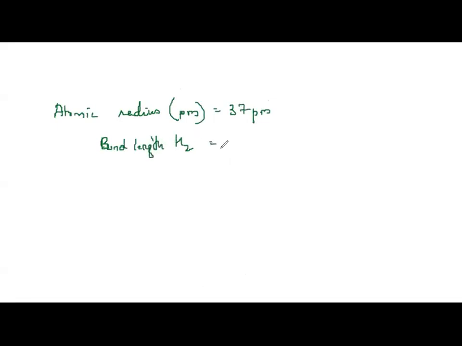It is 74 picometers. If you take hydride, the ionic radius of hydride is 210 picometers. When an anion is formed, the radius increases, right? So the ionic radius of hydride is 210 picometers.